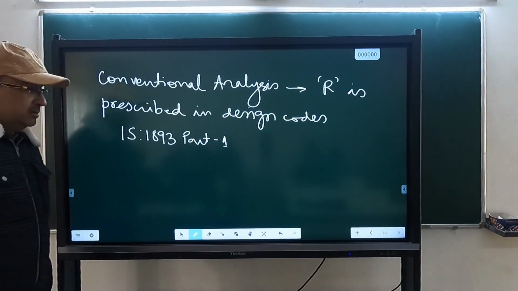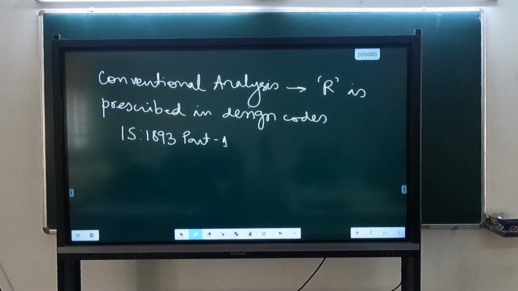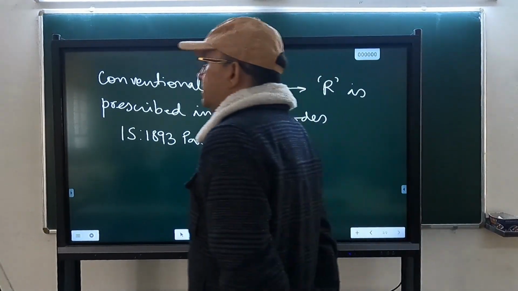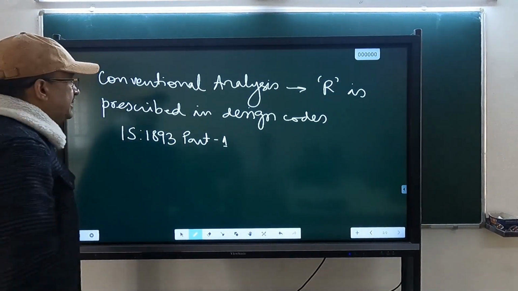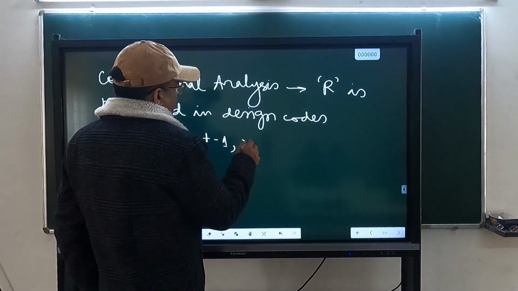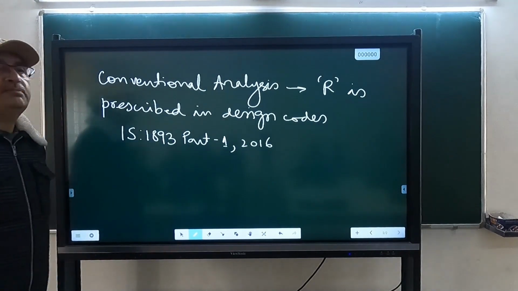This is under revision. I can share with you the revised draft copy, which is under wide circulation. It will no more be in Part 1; in future it will become Part 2, Part 3, so for different structures there will be different parts. For RCC buildings, it will be Part 2. At the moment, the latest is 2016, and as per 2016, it is in Part 1.